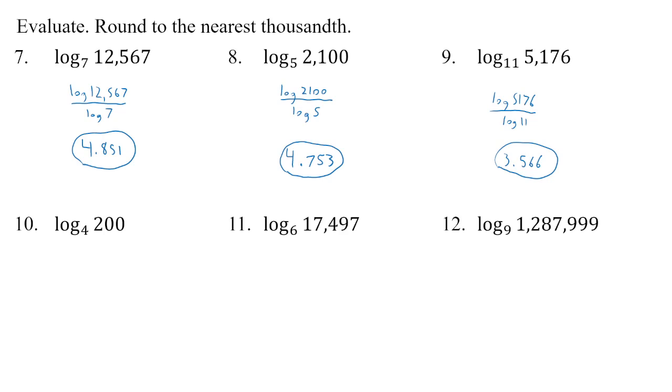Log base 4 of 200. So that's log of 200 divided by log of 4. We're going to enter that into the calculator to get 3.822.